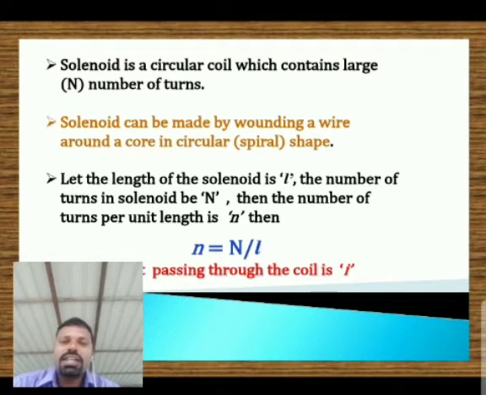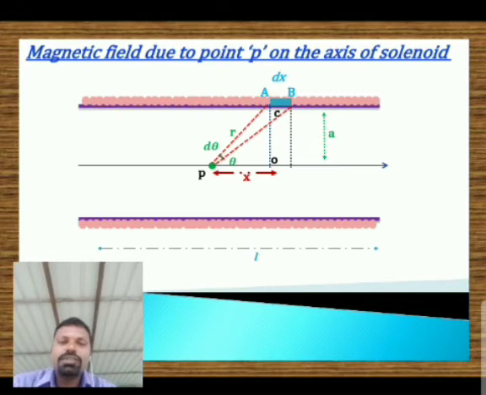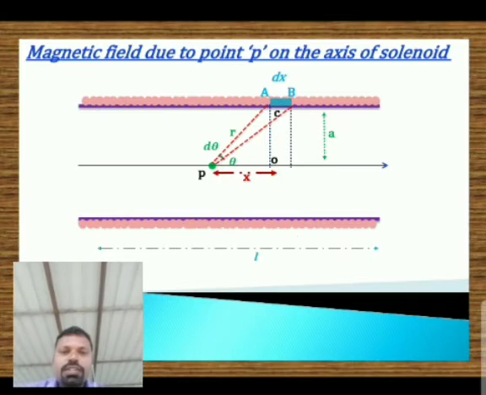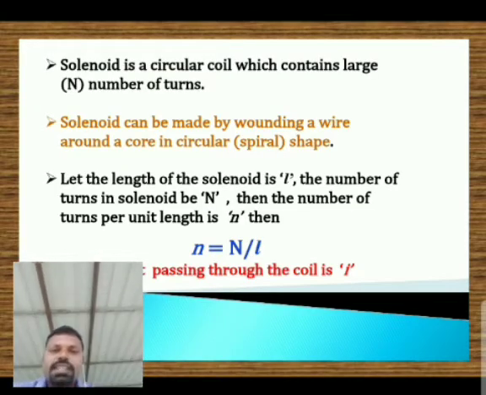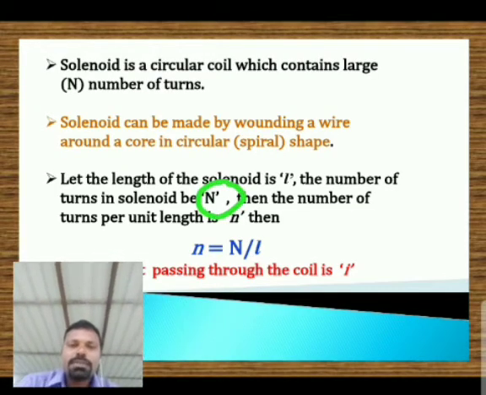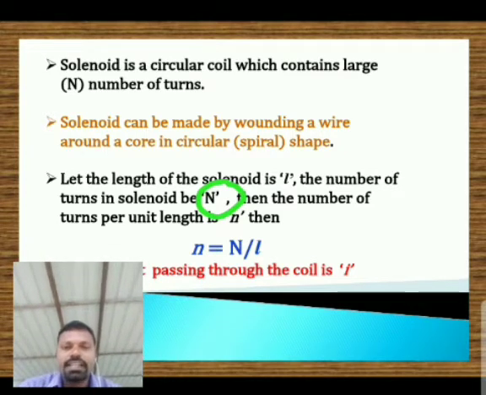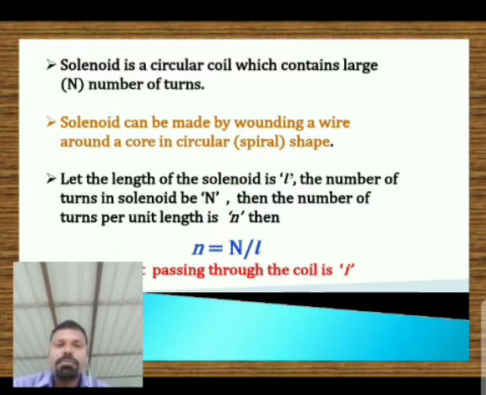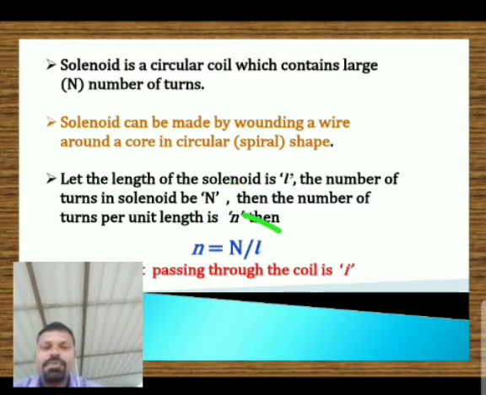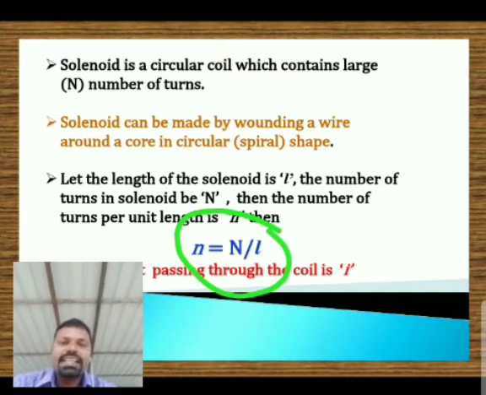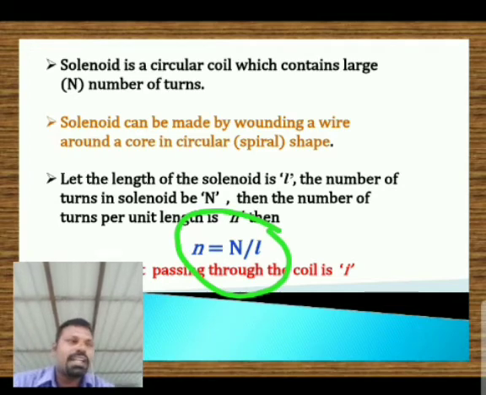The total length of the solenoid is L. Let us suppose the total number of turns in that solenoid is capital N. Now the number of turns per unit length can be written as N by L. Small n is equal to capital N by L, the number of turns per unit length.